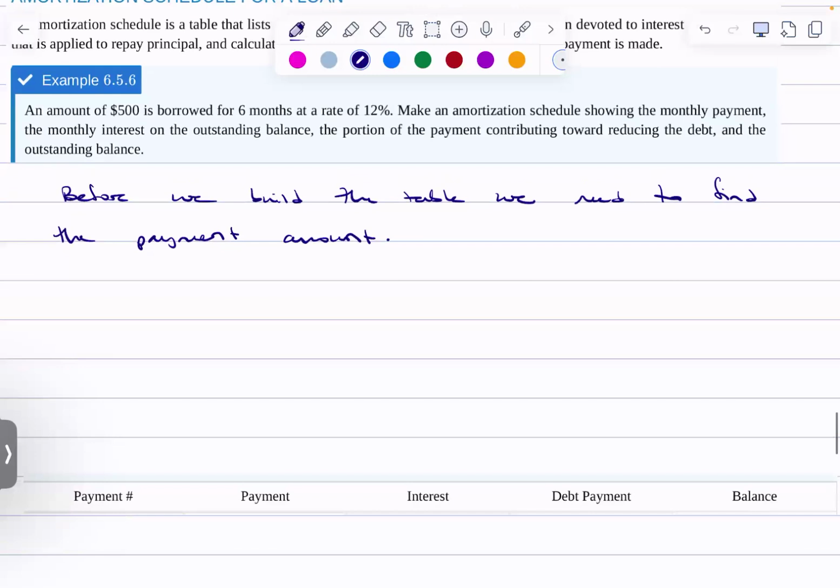The payment amount. We borrowed $500, and that's the principal.